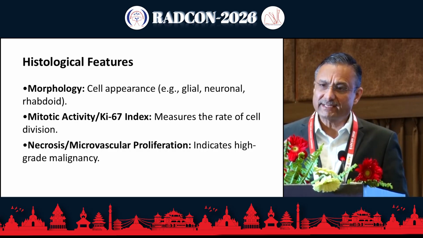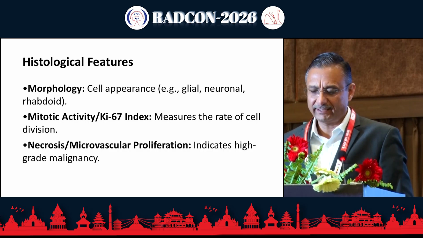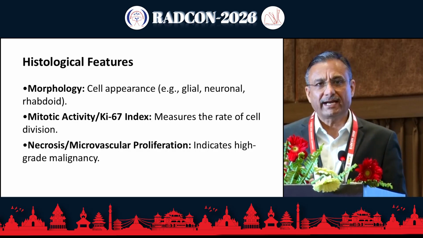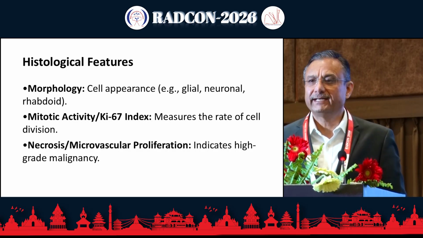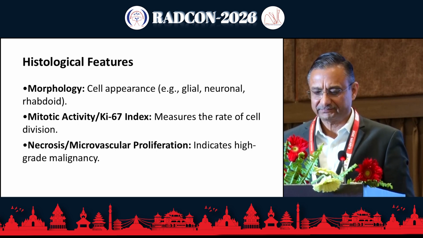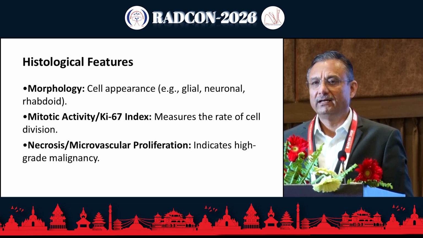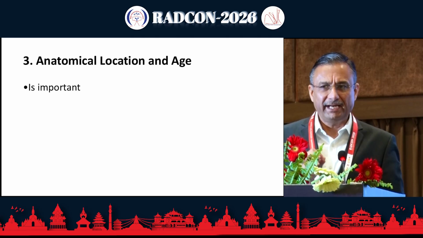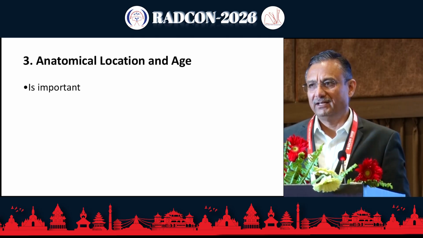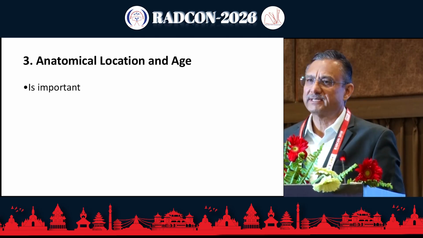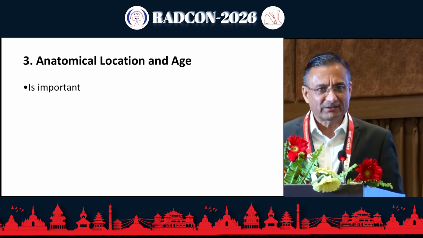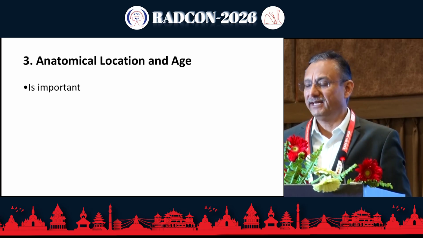So if there is microvascular proliferation, it indicates high grade. If there is high mitotic activity, similarly it will indicate that it is high grade. Having said this, the age-old differentiation of what is the age of the patient at presentation, what is the location of the tumor, still has great value.